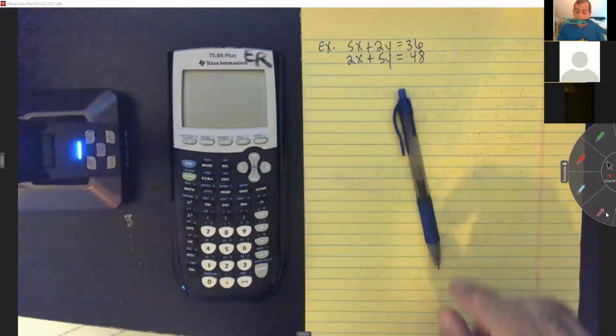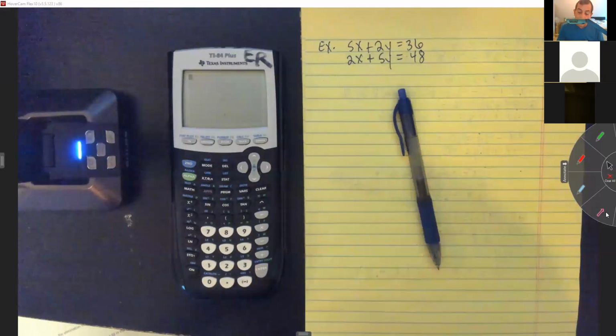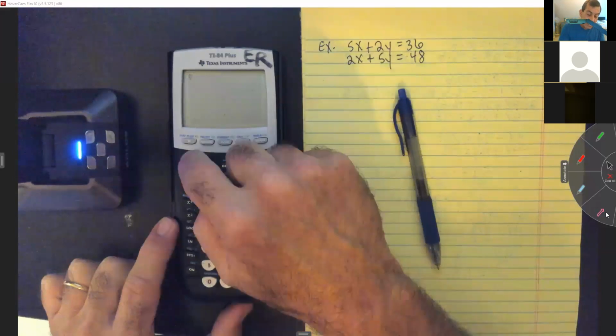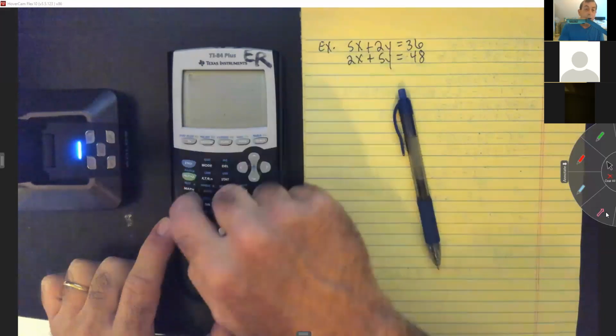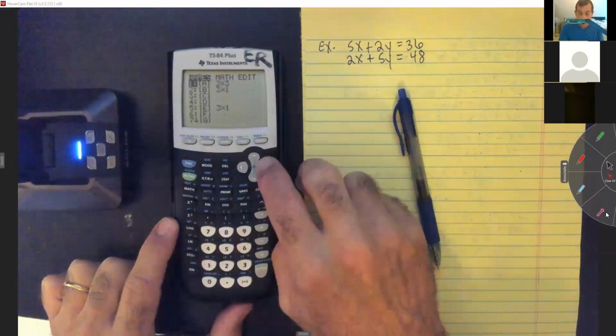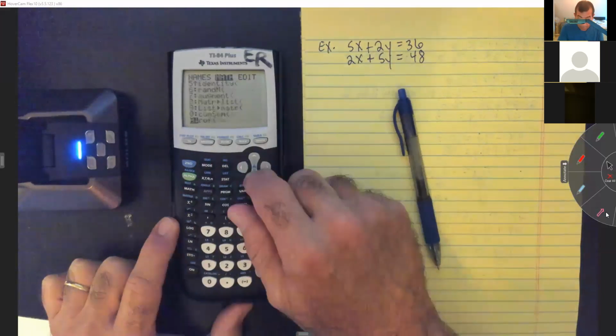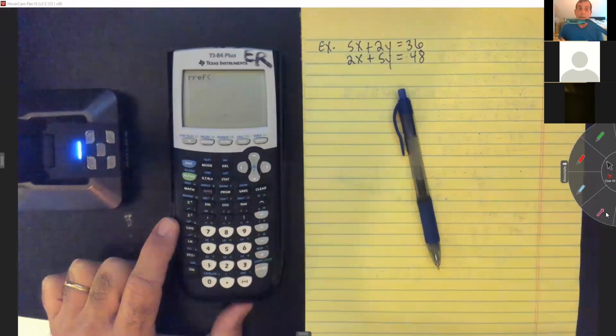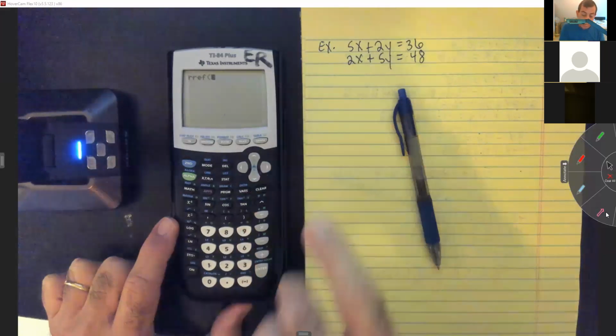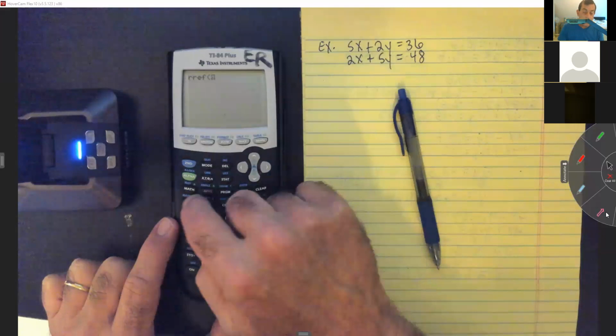All right, so now we want to go in it and do the RREF to it. So we got to go grab the RREF first. So second, x negative 1, arrow to math, and then go down and find the RREF. Enter, and go back and now grab the matrix by hitting second, x negative 1.